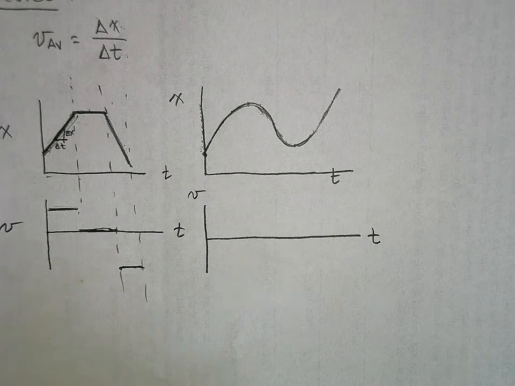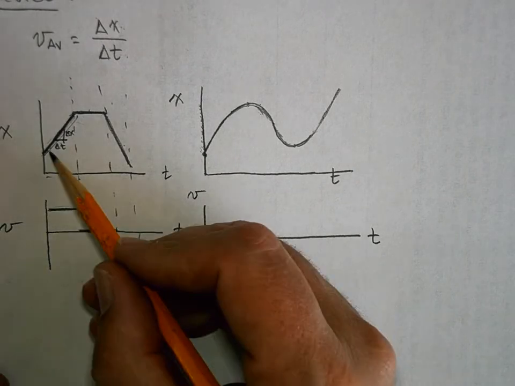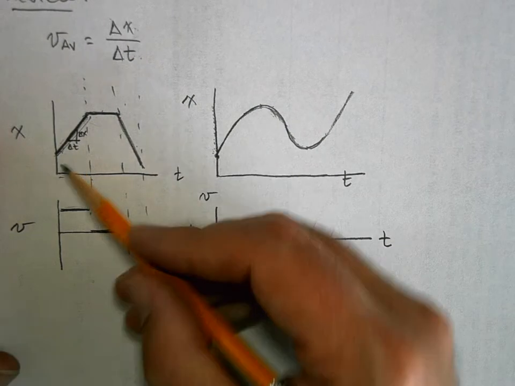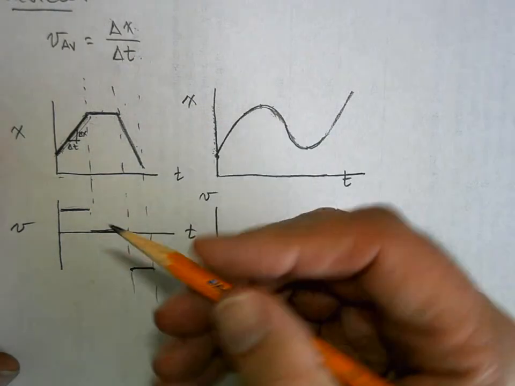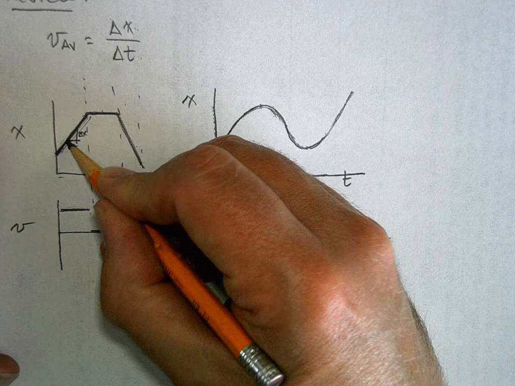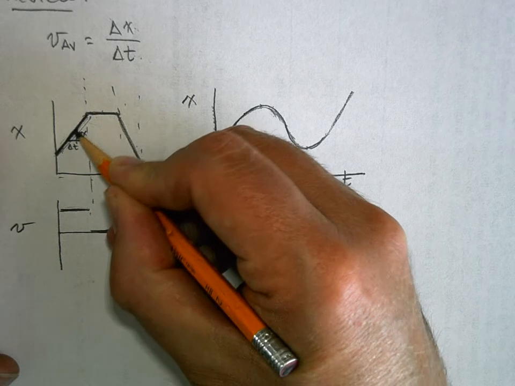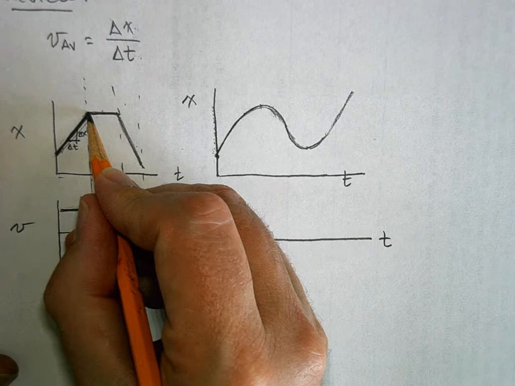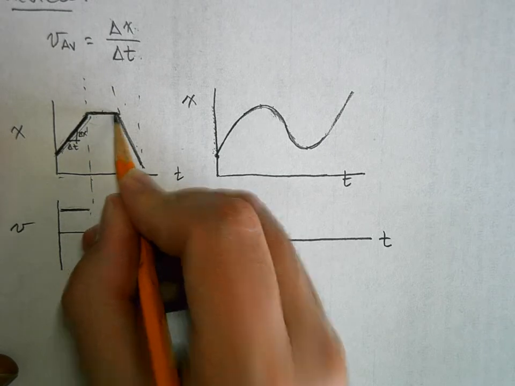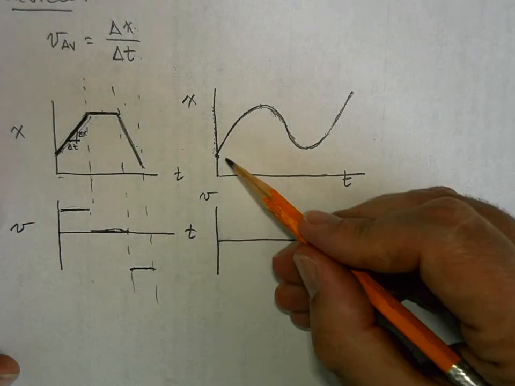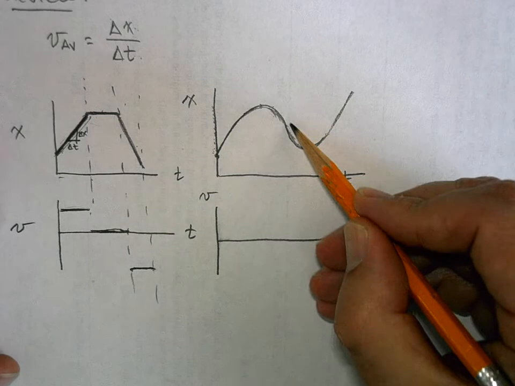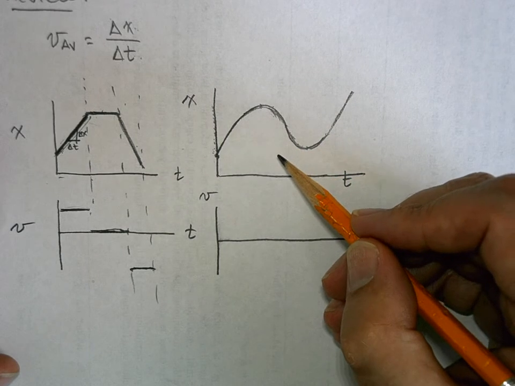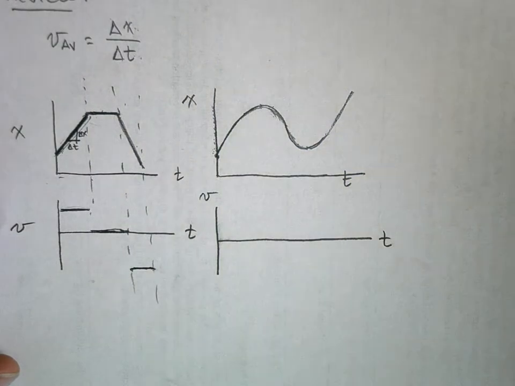You see, when I was using this graph over here, look at the slope. Do you see that the slope is constant, slope is constant, and then boom! Slope changes, and then slope is constant again. But what's happening to the slope on this graph? The slope is gradually changing the whole time.